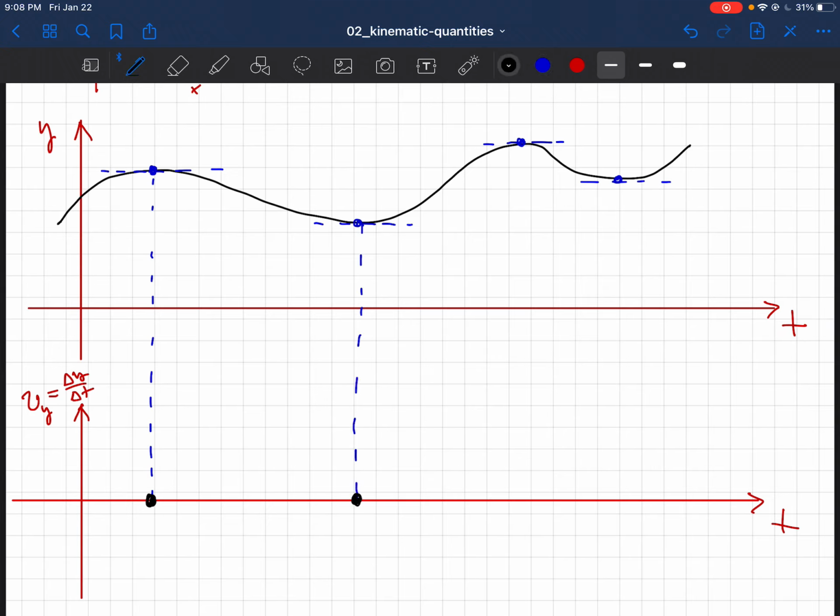And this moment will have a velocity of 0. And this moment, 0 velocity. And finally, this moment, 0 velocity. So I haven't drawn a velocity graph yet, but I know the places where it goes through 0.